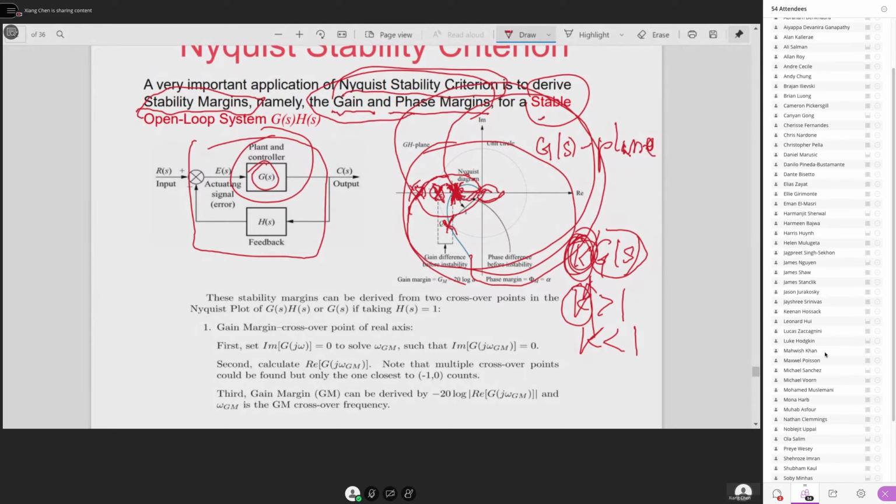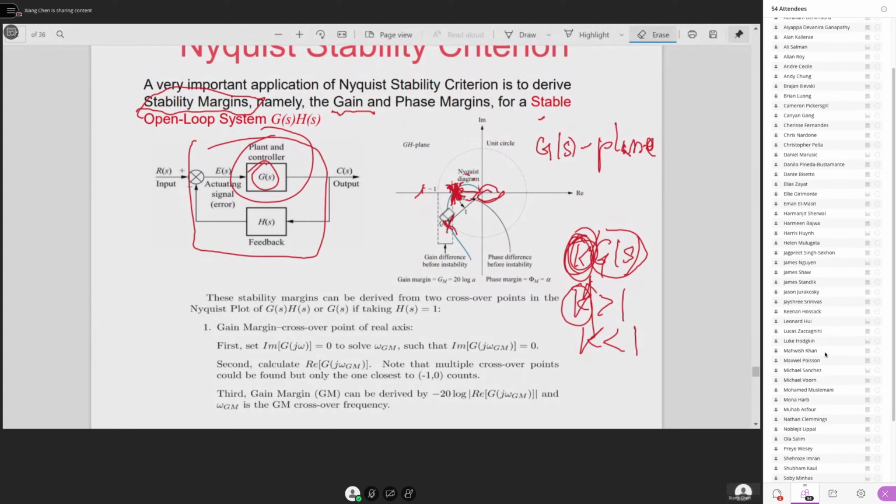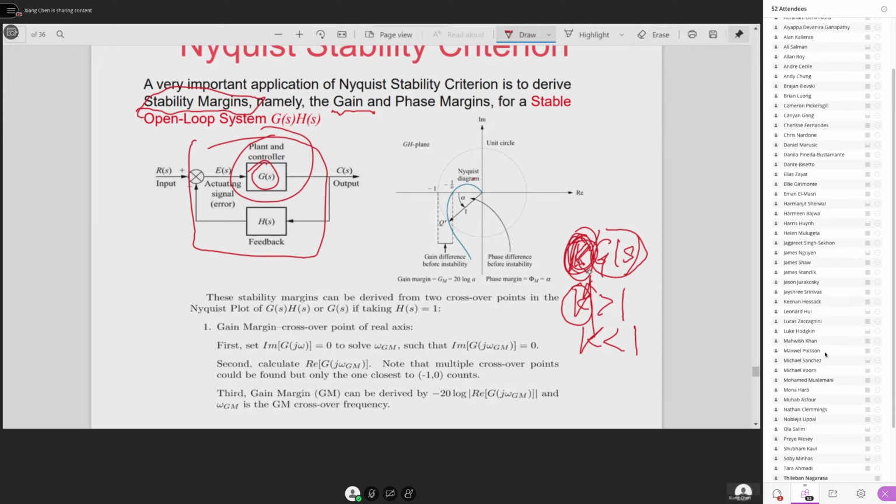But anyway, before I let you go, I just want to point out another simple factor, and then we'll wrap up today's lecture. Let's see if we use K to multiply K G of S, how this K is going to affect this crossover point.